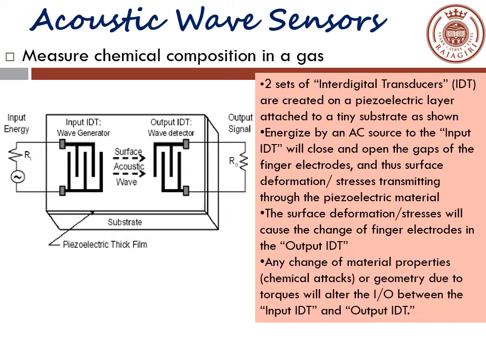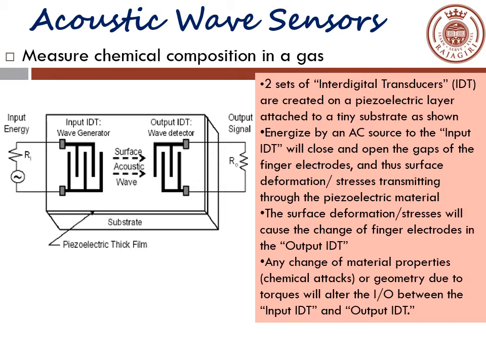When a change of material property happens due to chemical attacks, this acoustic wave sensor is used to measure the chemical composition in a gas. When this sensor is subjected to a chemical attack, or any geometry change due to torques, this will alter the value of the output signal.